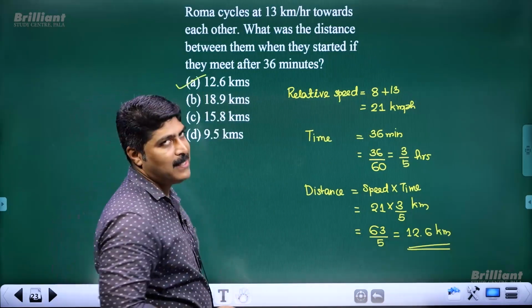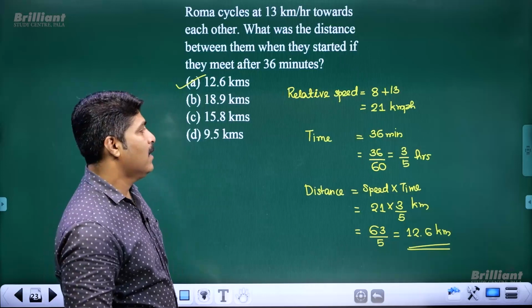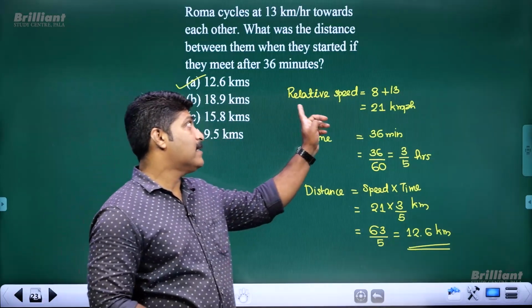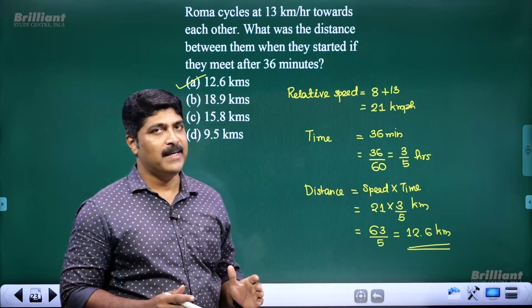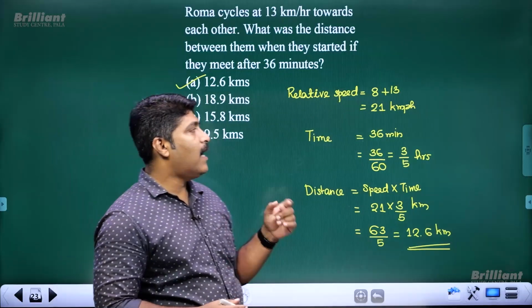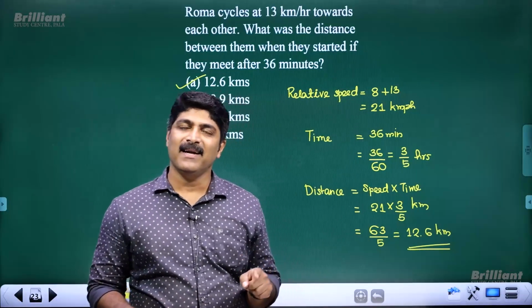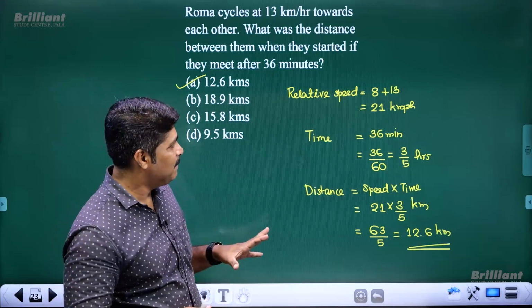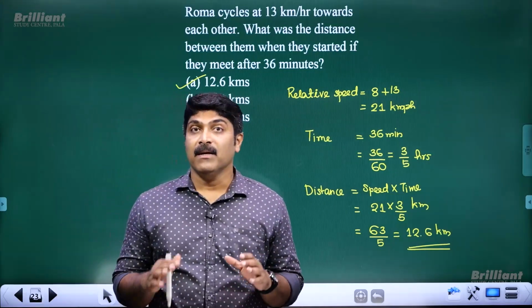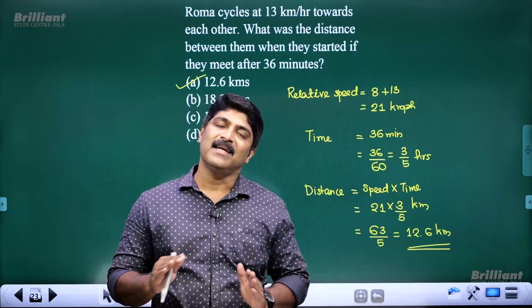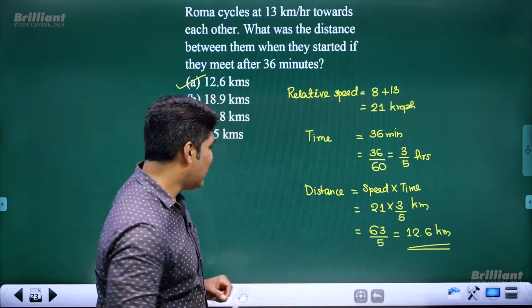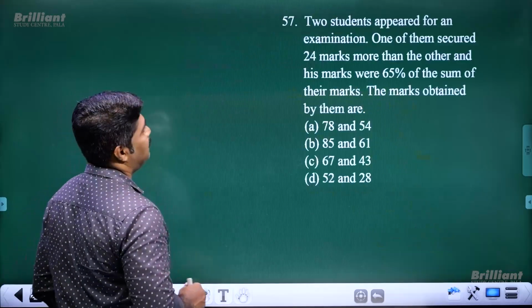That is 12.6 kilometers. Here, the basic idea is the concept of relative speed. If two moving bodies are in opposite direction, their relative speed is the sum of their individual speeds. But whenever the moving bodies are in the same direction, then the relative speed is the difference between their individual speeds.